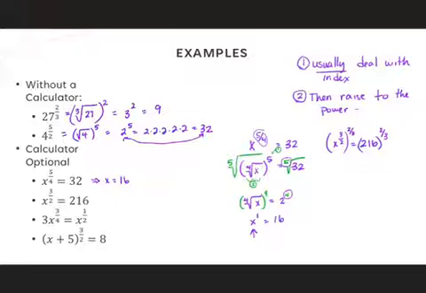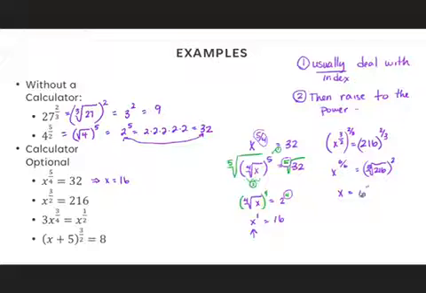Okay, so over here, 3 times 2 is 6, 2 times 3 is 6. On the right side, I've got the cube root of 216 squared. So 6 over 6 is a 1, so that gives me x. The cube root of 216 is a 6. If you don't know that, that's fine. Do it with a calculator.